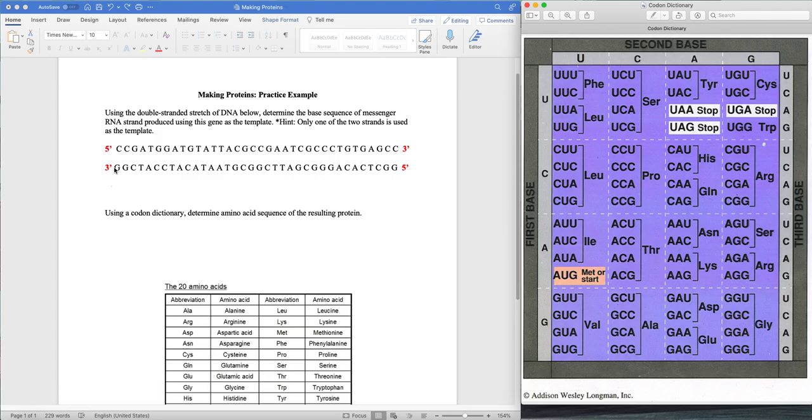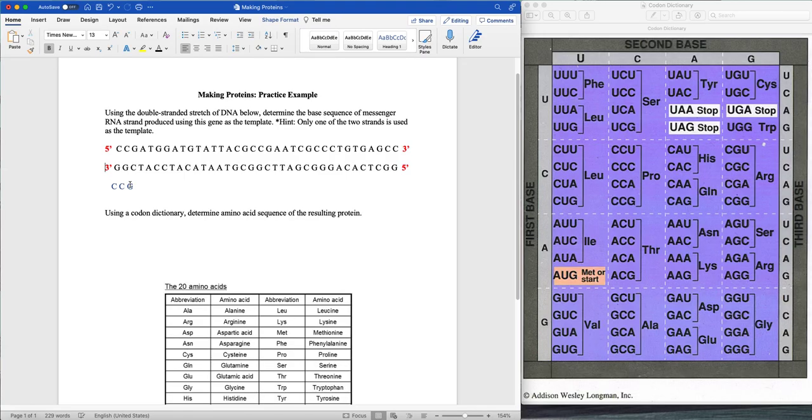The first base in the strand here is G, so the complementary base will be C. Moving along, you can see that the next base will also be C, and the third base will be G. If we continue along the strand, you should see that the next 3 bases included in the mRNA strand are A, U, and G. Pause the video and take a minute to finish transcribing the strand.